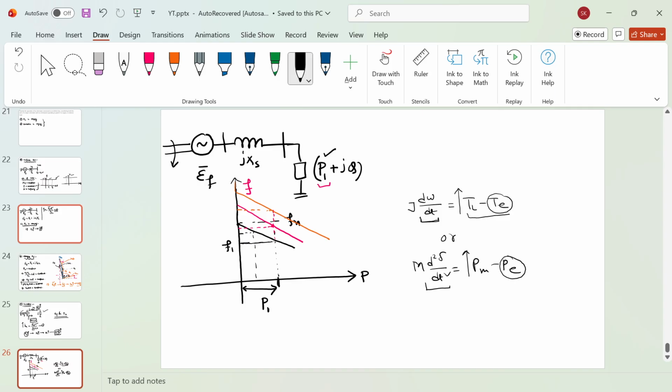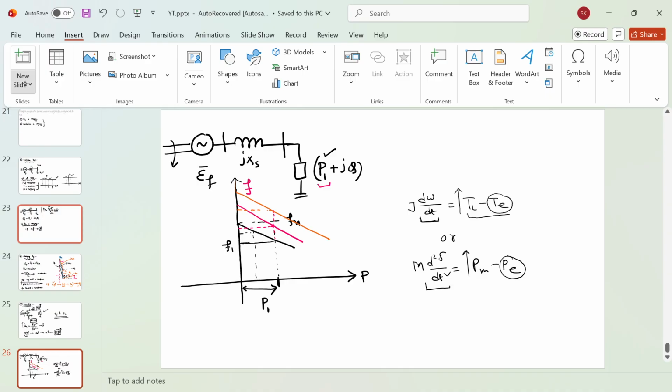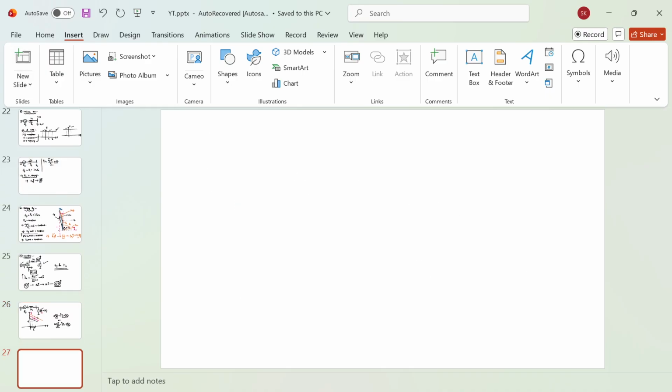But let me proceed with the operating principle, or how two synchronous generators will operate when they are connected, sharing a common load. Let's say you have this generator G1, you have this generator G2, and you have this load.